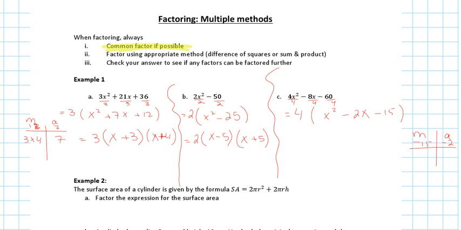The large number is negative and the small is positive. So what would give you negative 15? Negative 5 and 3, right? Because the large number is negative, so it's going to be negative 5 and 3. Does negative 5 and 3 give you negative 2? Yeah. Perfect. So that's going to be 4 times x, what do I write here? X minus 5, yeah. And then x plus 3. Perfect. And that is my factor.